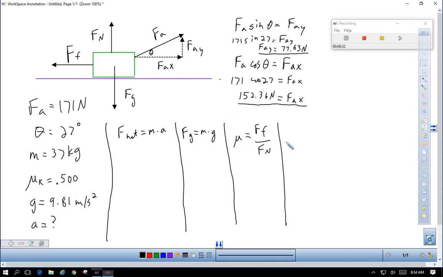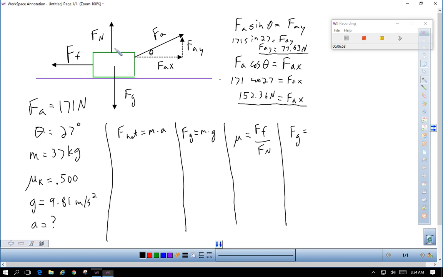Okay, and so I can always write those three things down and not even have to think about it because those are always true. Now, then I need to look at my x dimension and my y dimension, and I need to figure out what's true in which dimension. Let's start with the y, because the y is balanced, which means that the sum of my downward forces is going to equal the sum of my upward forces.